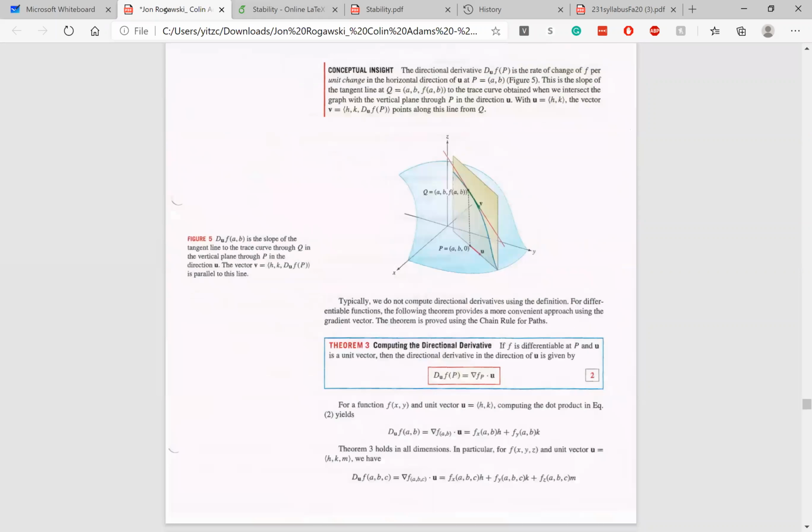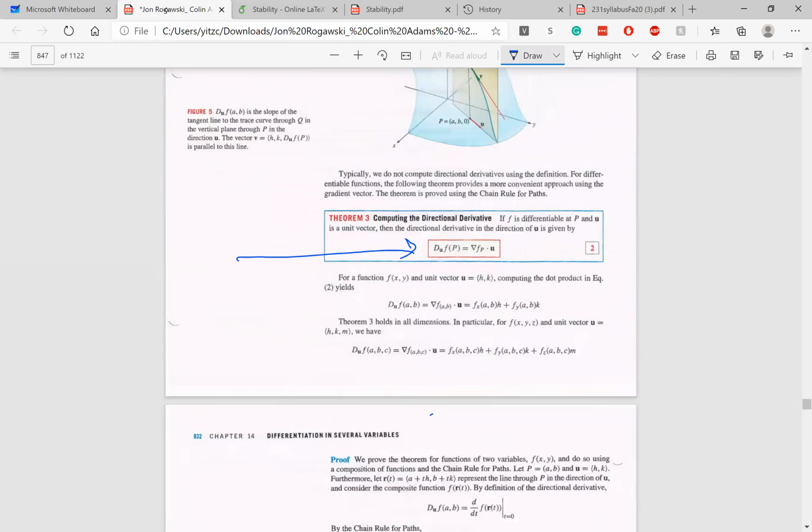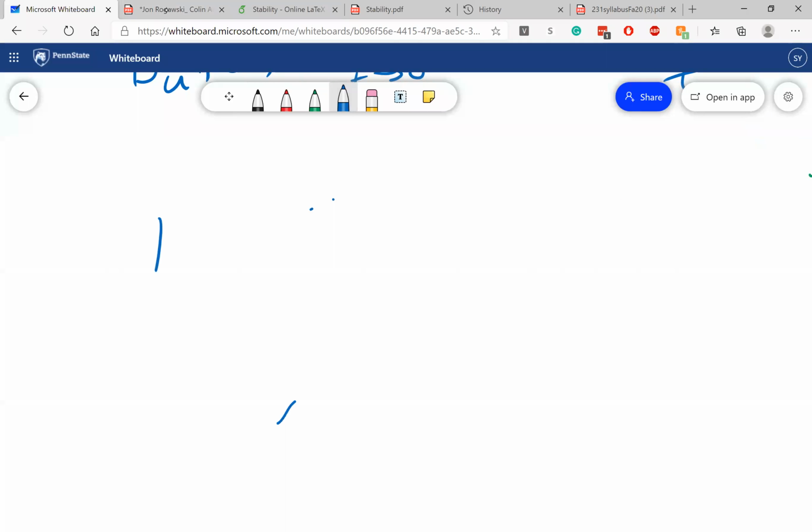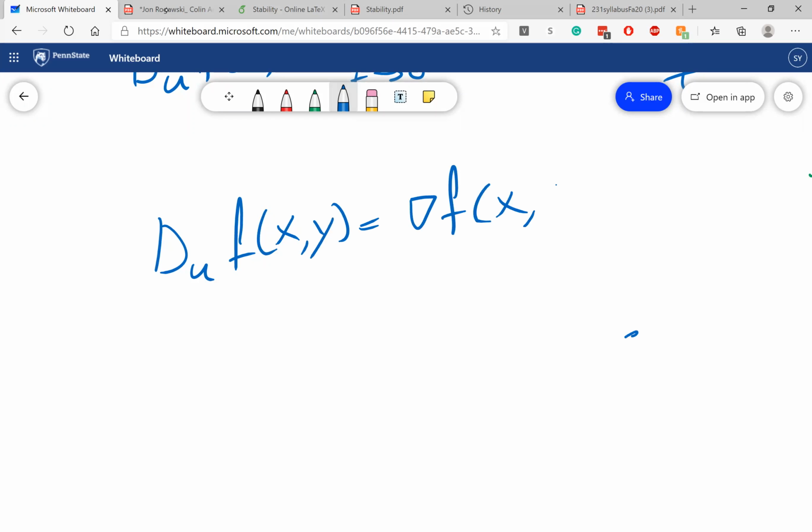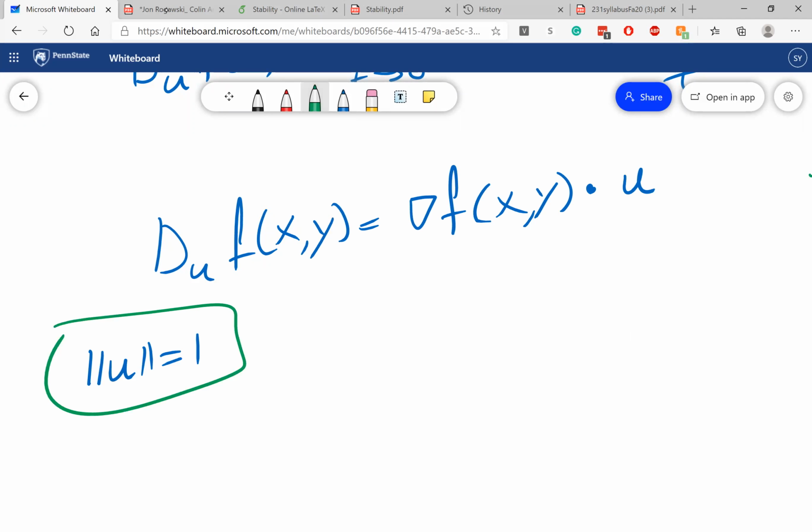The way to compute the directional derivative is using the gradient. So the directional derivative in the direction u of f of x, y is going to be equal to the gradient of f at x, y dotted with u. Now u has to be a unit vector. So when we use this computation, we want to make sure that u is a unit vector.